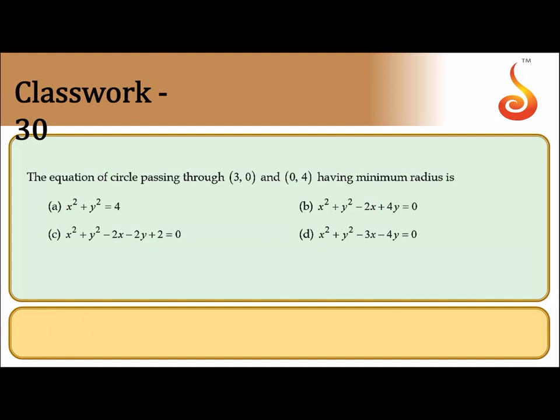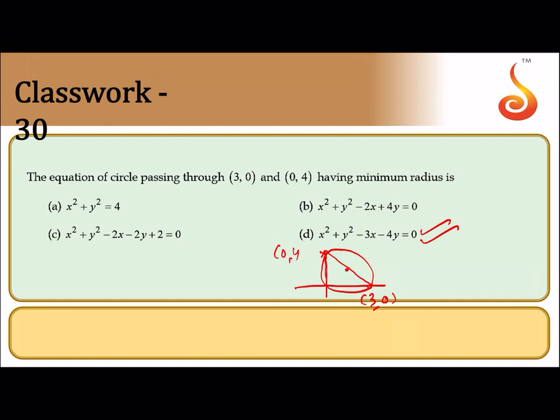Next one. Equation of a circle through (3, 0) and (0, 4), then the minimum radius will be. So minimum radius, same question we did earlier also. This point is (3, 0). This point is (0, 4). So these are the equation of a circle that passes through the minimum radius. The circle will always pass through the center.